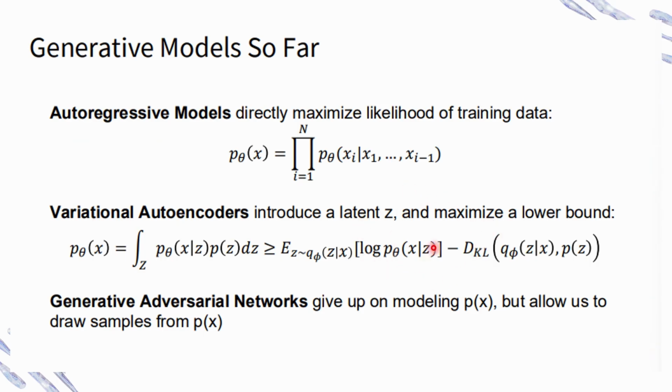These are on the left branch of the family of models. Now we move on to the right branch, which gives up on modeling P of X directly. It doesn't want to learn it anymore, but just wants to draw samples from it directly.